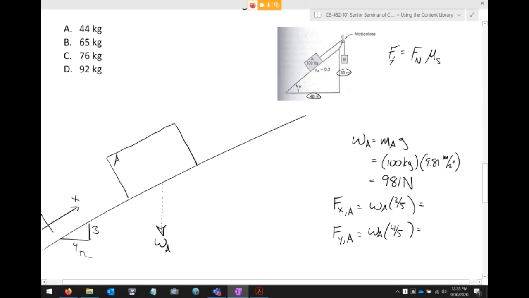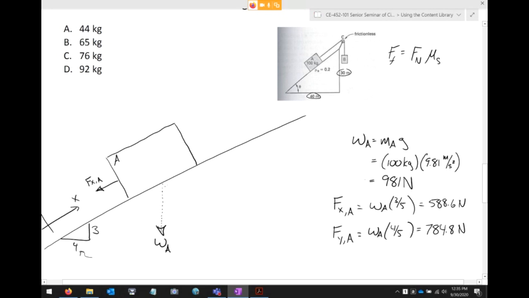Now, this term times 3/5 is 588.6. This one is 784.8.